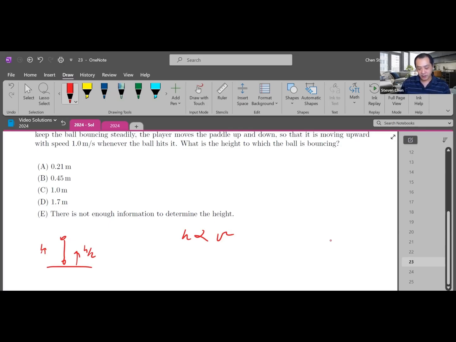It entails that after the collision, the velocity is reduced to v over square root of 2. So right before it hits the paddle, suppose the speed is v, then immediately after the collision, the speed is reduced to v divided by square root of 2. This is what this problem tries to tell us.